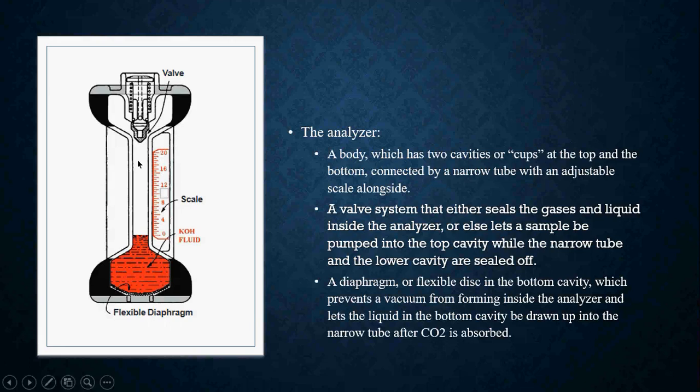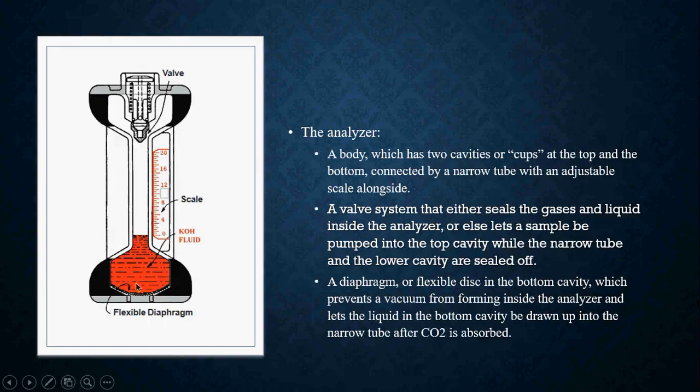So when we take this test, we stick our pump up on the top here and we depress our little valve down. And when we do that, we are going to now pump our little bulb, and we are going to draw CO2 into our analyzer.